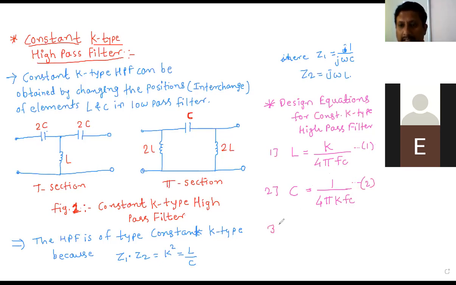The third equation is the same, that is K is equal to under root L by C. Here inductor L is the shunt arm element, and capacitor C is the series arm element.